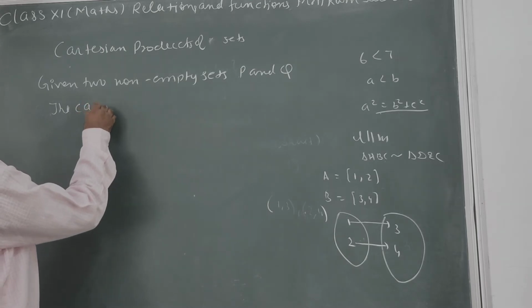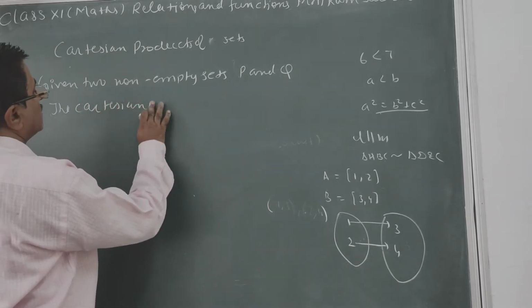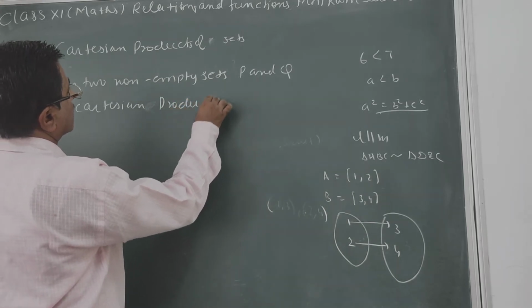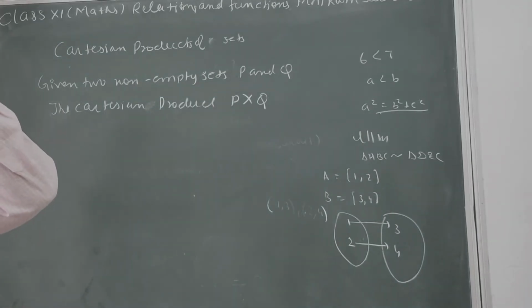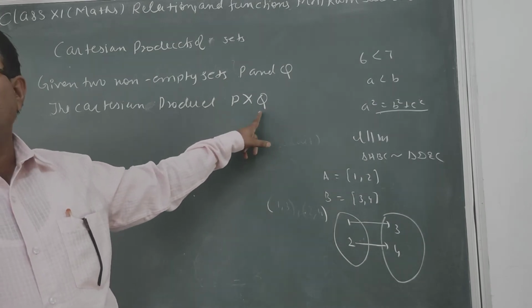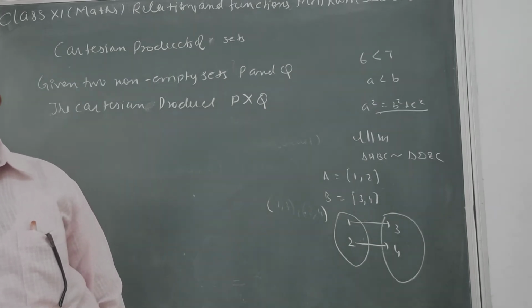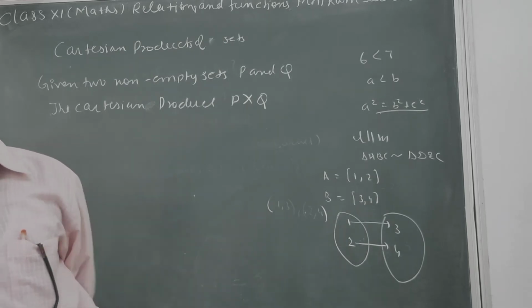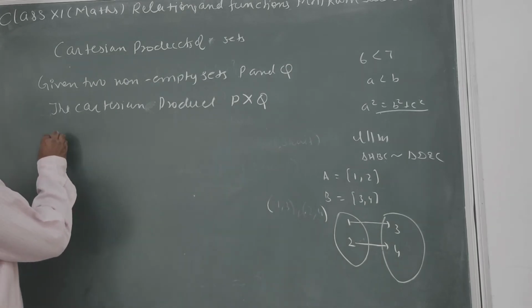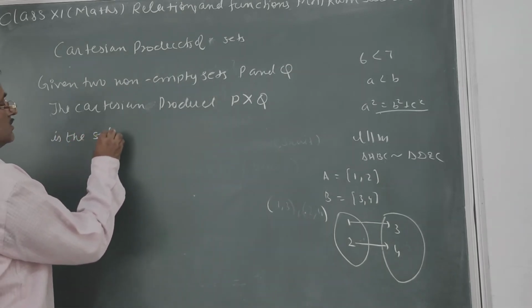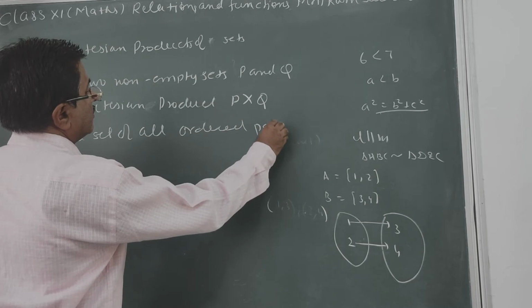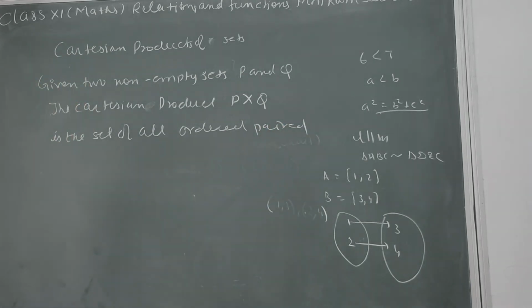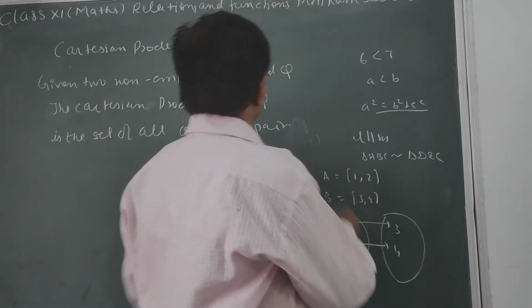The Cartesian product P cross Q, this is the Cartesian product written P into Q. We read this as P cross Q or P Cartesian with Q. The Cartesian product P into Q is the set of all ordered pairs of elements.